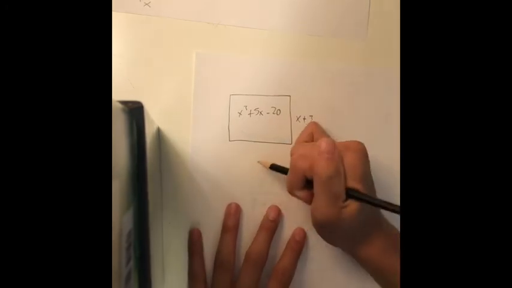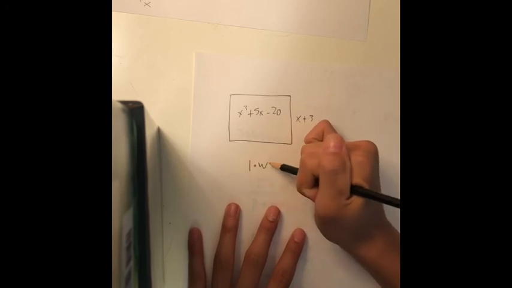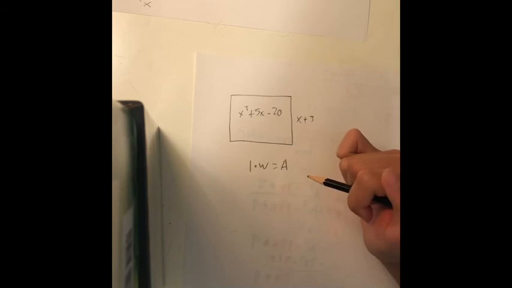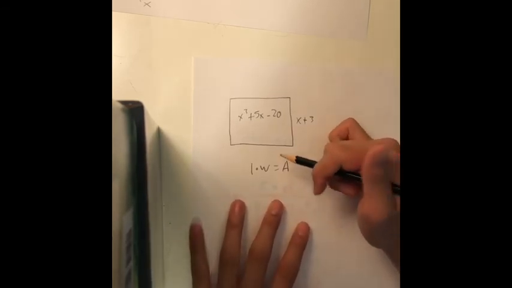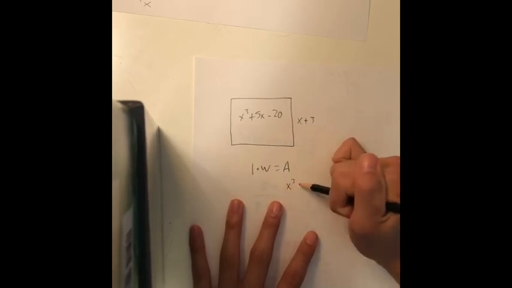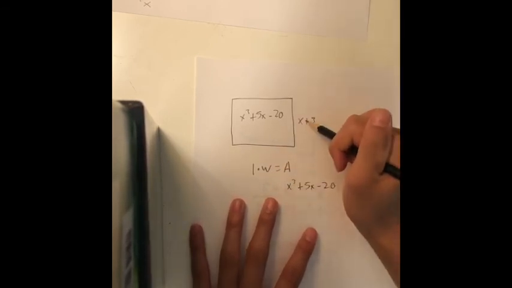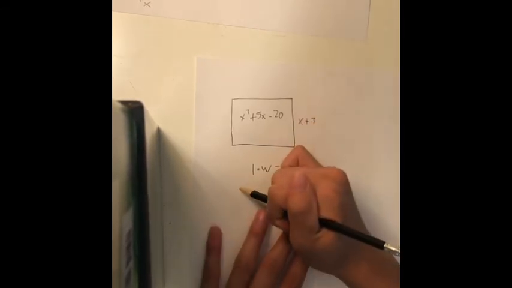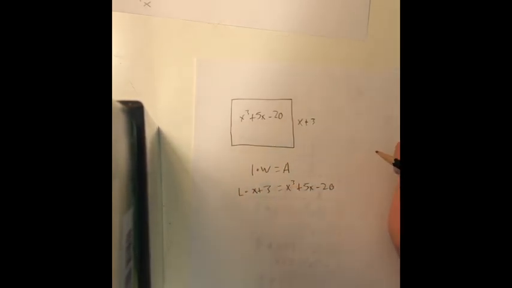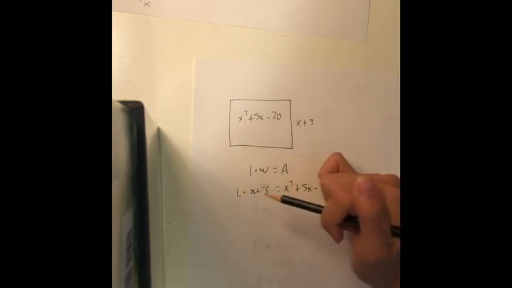Okay. We know that length times width equals the area of a rectangle, right? And we know that the area is equal to x cubed plus 5x squared minus 20. And we know that the width is equal to x plus 3. So now, all we have to do is get the variable, which is the length, alone.